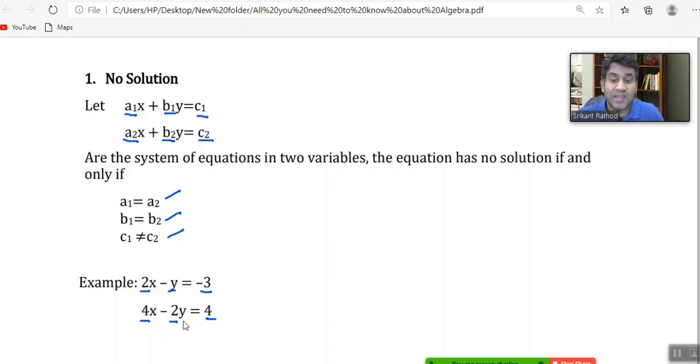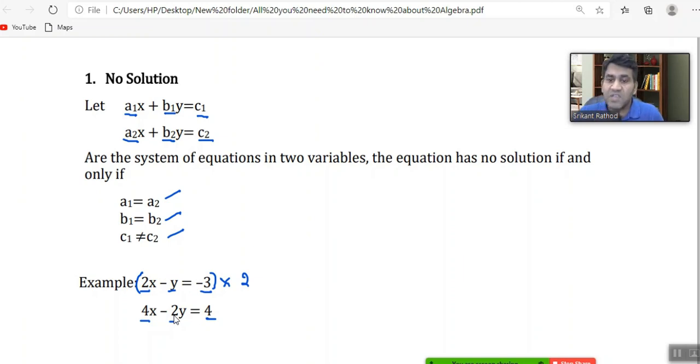You may see it like that, but the reality is that you can multiply an expression by any number, like multiply this expression by 2, or you can divide this expression by 2. In that case, your coefficients of x and y become the same. So you can do a modification like this, right?